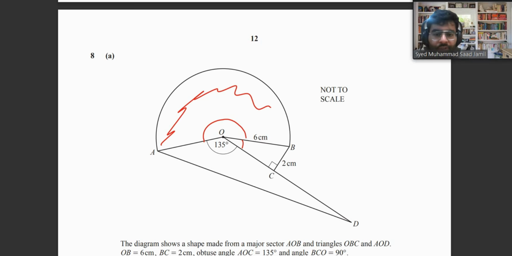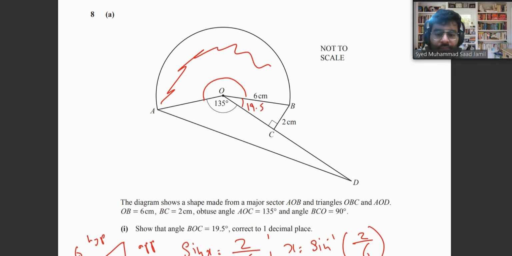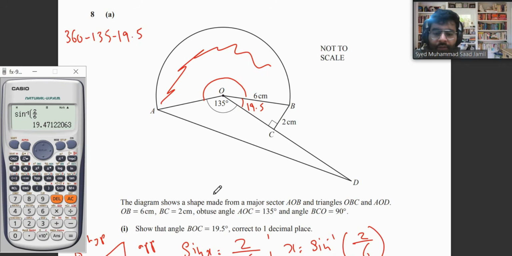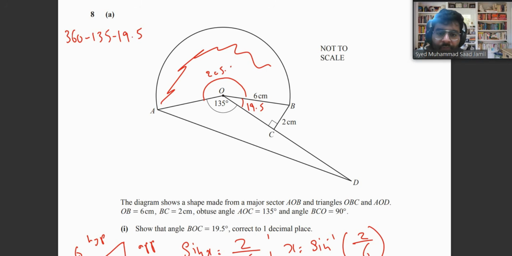We already know that this is 19.5. So what we will do is 360 minus 135 minus 19.5. So we get 205.5. So this angle is 205.5.